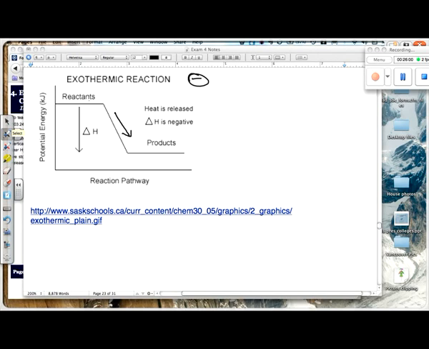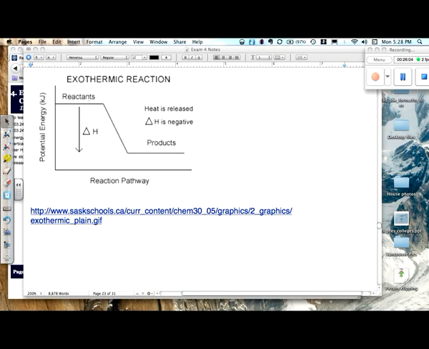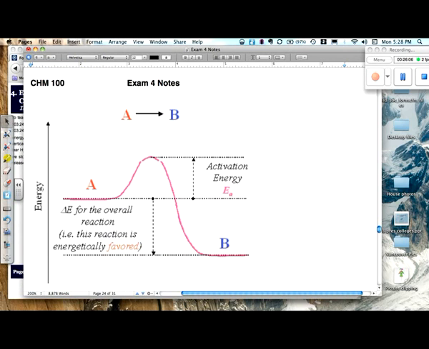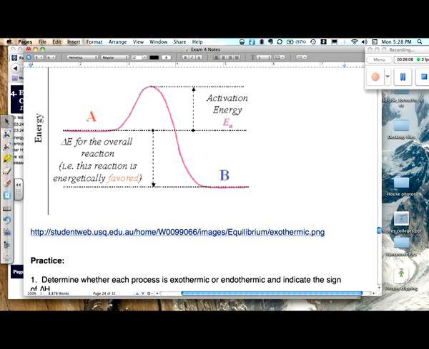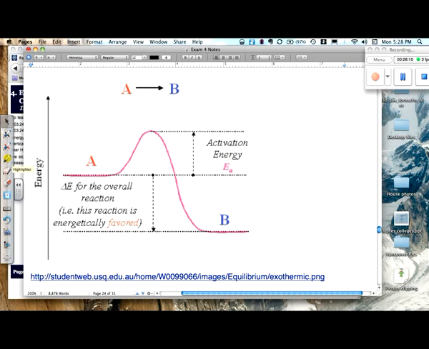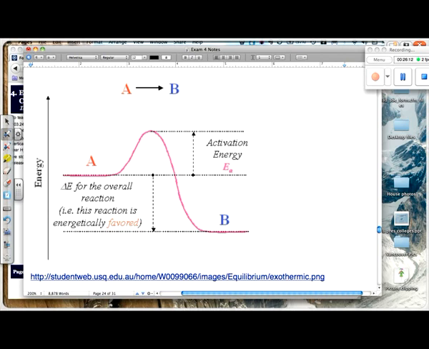All right. When you get to 131 and 132, you may see energy curves that look a little bit more complex. When you do start to see those, remember that the change in energy, the enthalpy of the reaction, is the difference between the products and reactants, no matter how big or small.